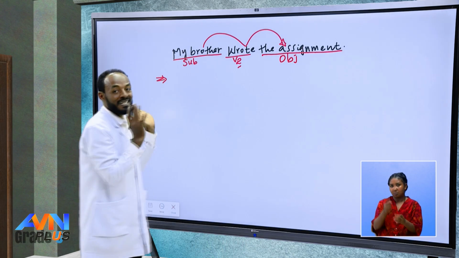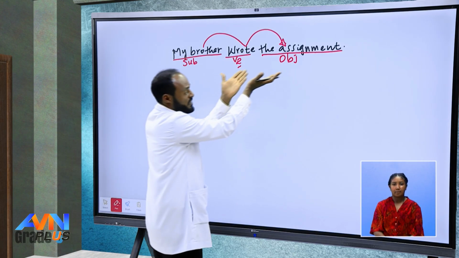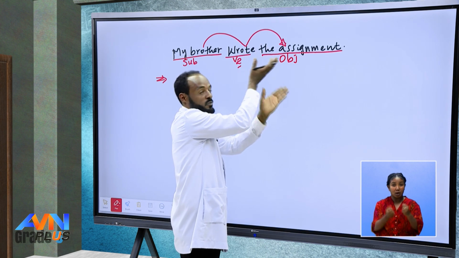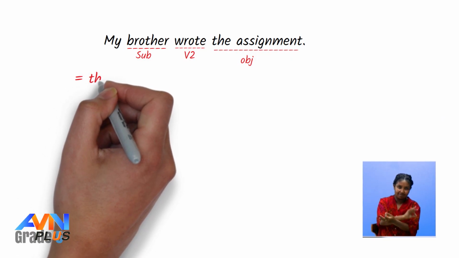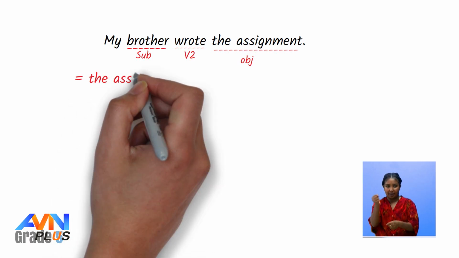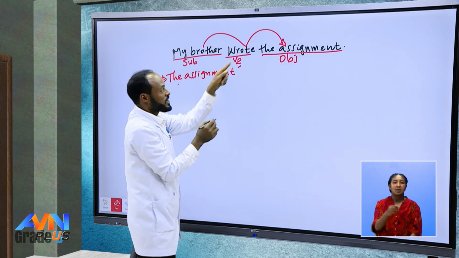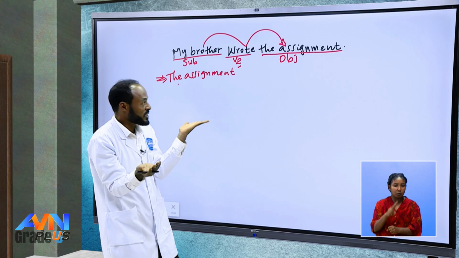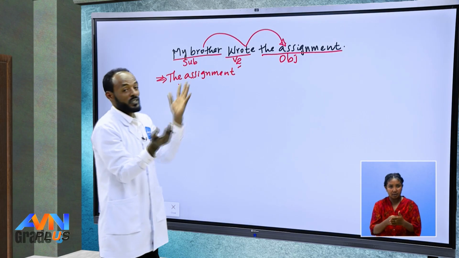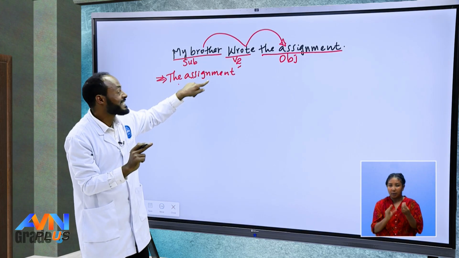Because this one is the real subject. So if you want to change into passive voice, we have to start from the assignment. The assignment. What about verb 2 here? Yes, this is verb 2. For that reason, we have to use was or were, depending on the subject.